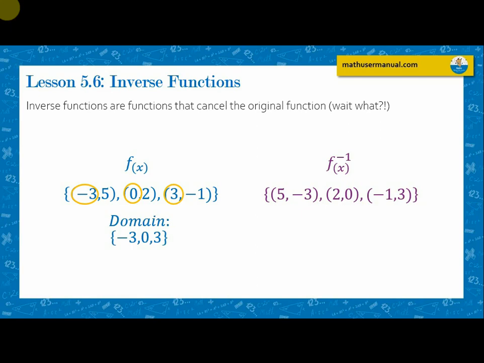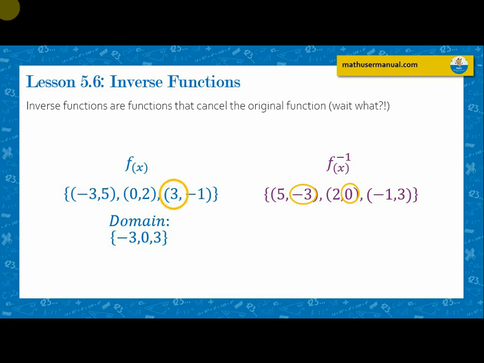But let's see how these numbers are related in the inverse function. The first x coordinate, as we said, was -3. Well, that's the same number as the first y coordinate of the inverse function. The second x coordinate in f of x is 0, which is the same as the second y coordinate in f inverse of x.